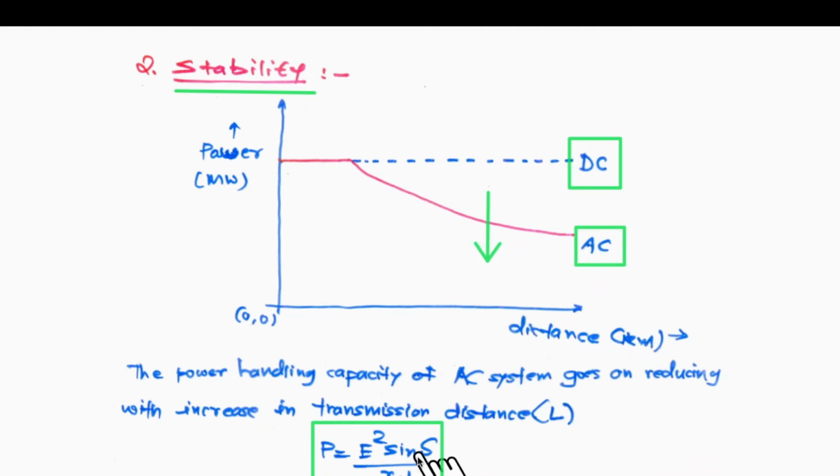Generally, delta should be kept at around 30 degrees, but as transmission distance increases beyond 200 or maybe 300 kilometers, this delta goes on increasing, thereby decreasing the stability margin. So that's why compensating circuits are used in order to maintain the power angle within the prescribed margin, adding to the cost.